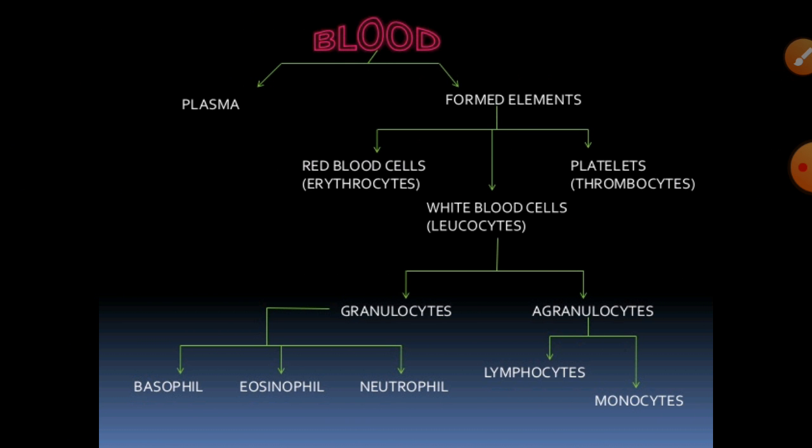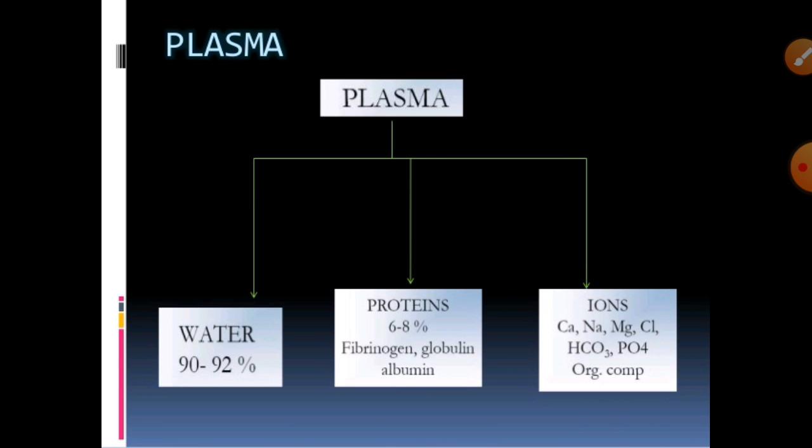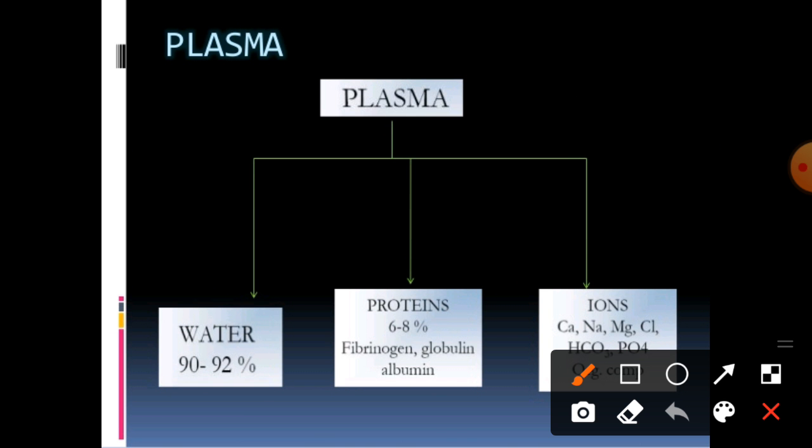And where does this substance come from? We might wonder: the substances inside the plasma, where did they come from? What about the water, the protein, and the ions, from where are they all absorbed? You must remember that all the water which is absorbed or reabsorbed comes from the digestive system directly.